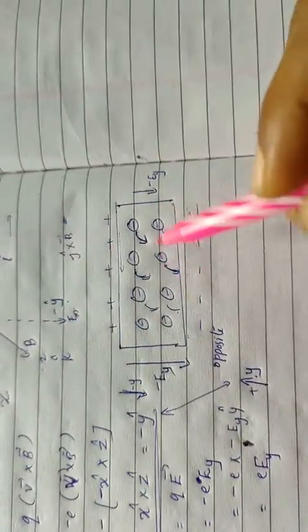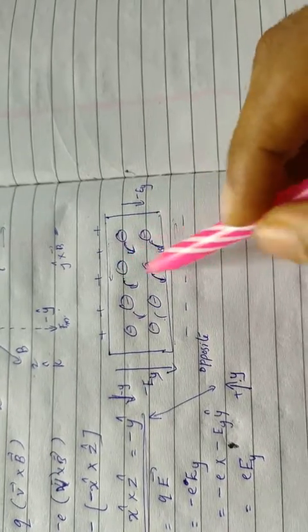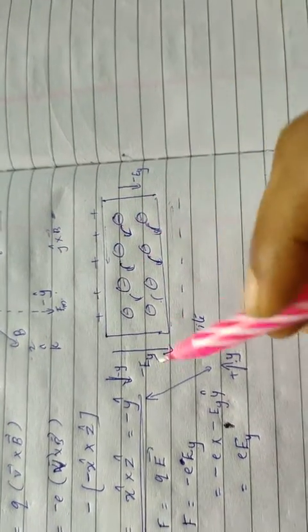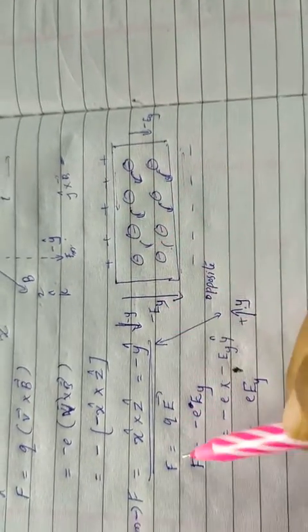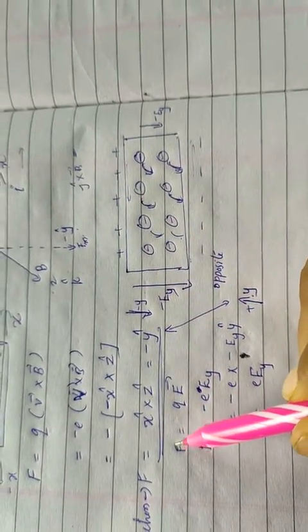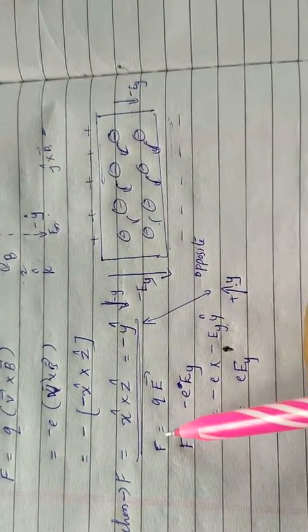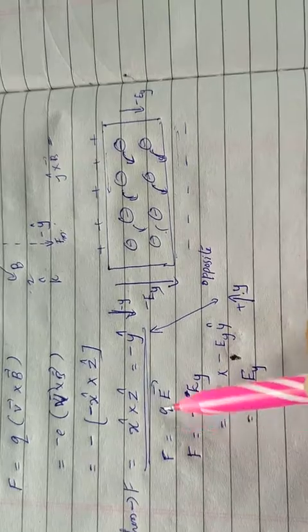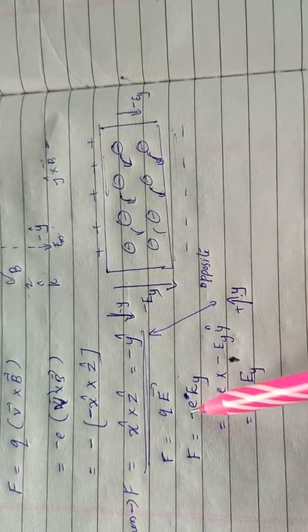An electric field is developed along the minus y direction, and the force experienced due to this electric field, this is the magnetic Lorentz force, this is the Lorentz force by this electric field, which will be by definition q into E. So q is minus e.